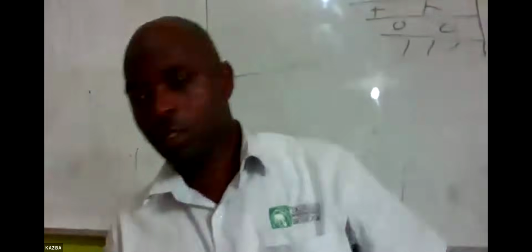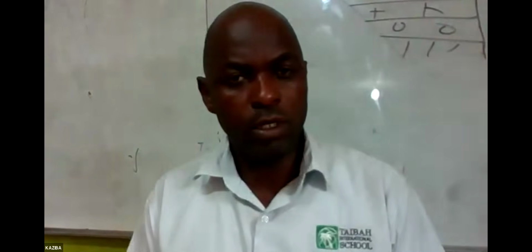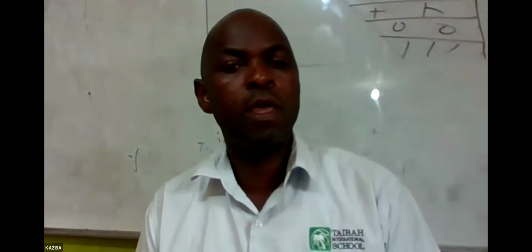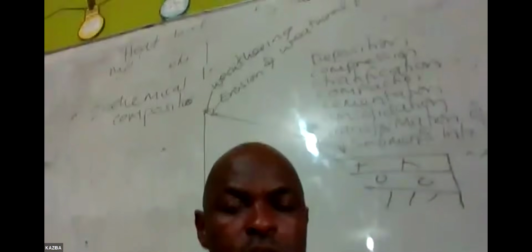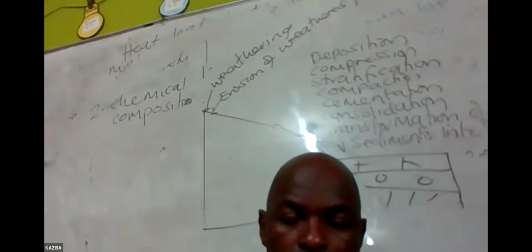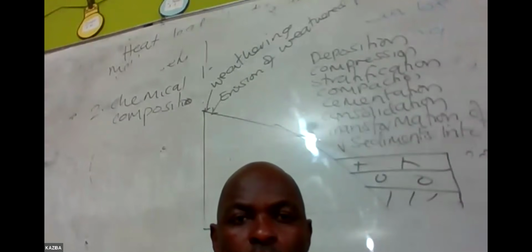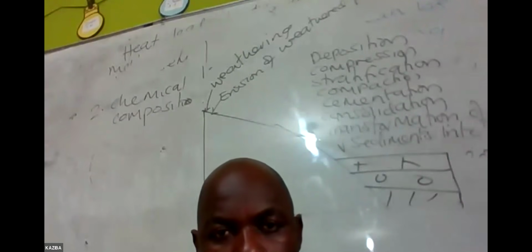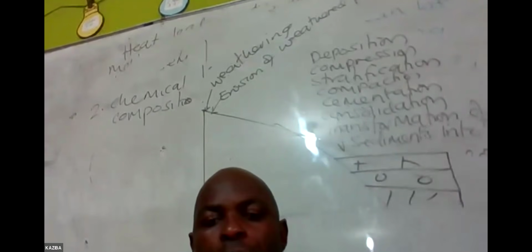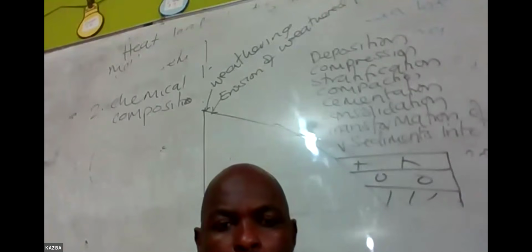These agents cause erosion, transportation, deposition, and the materials harden into rocks. For example, where you have wind depositing materials and the materials harden into rocks, it is the formation of what we call loess.